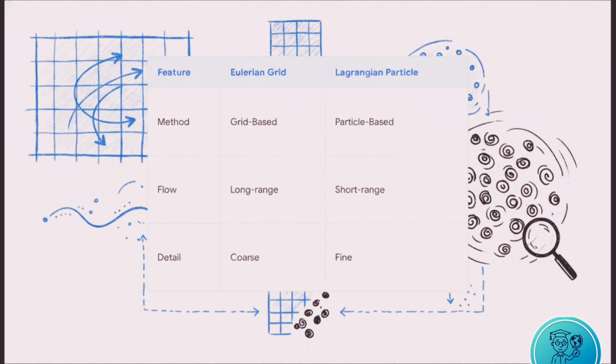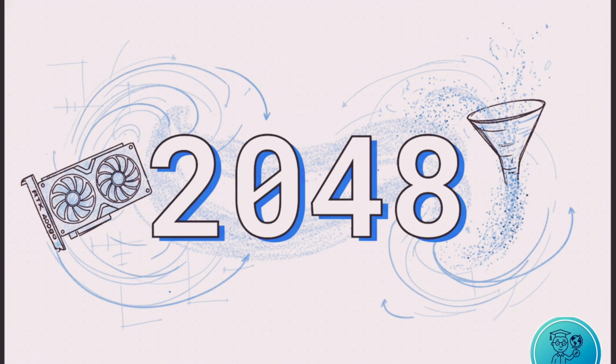They use an adaptive hybrid approach. They use a grid-based system known as Eulerian tracking to monitor the broad, long-range flow of a fluid across a coarse space. Then, they inject our non-parametric Lagrangian particles inside that grid to track the incredibly fine, high-resolution short-range details and impacts.